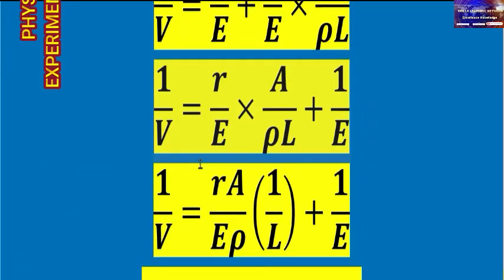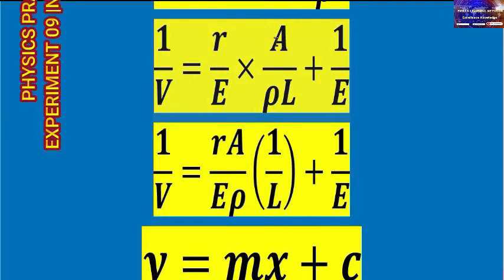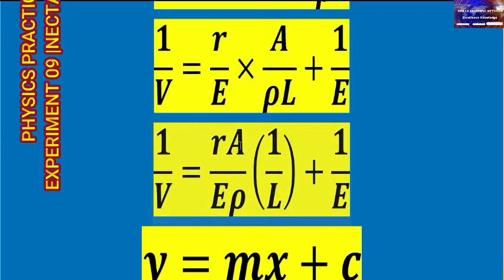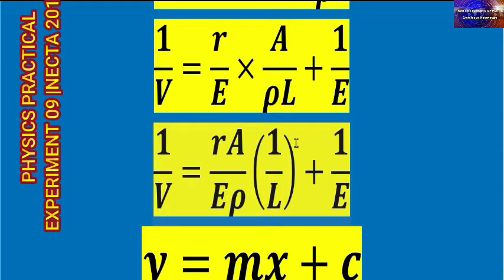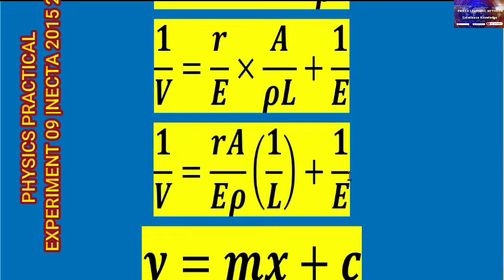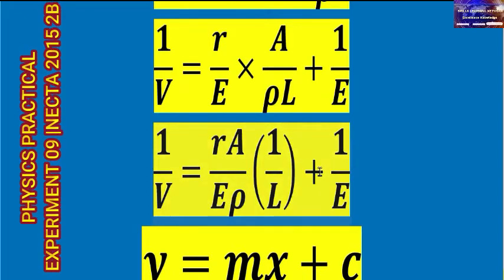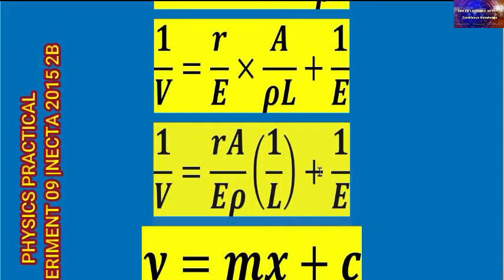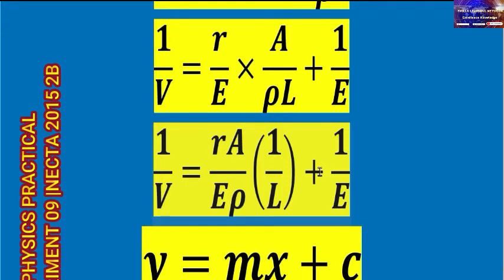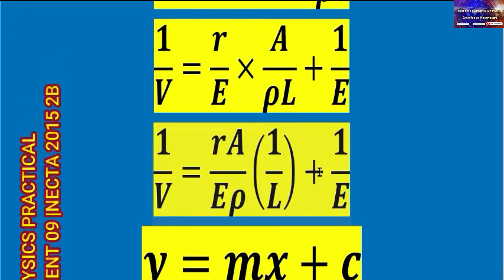So generally, in order to get 1 over L, we have to put this together. It means 1 over V is equal to r times area over EMF times resistivity, bracket 1 over L, plus 1 over E, and that is our general equation for our experiment, which obeys the nature of our graph.